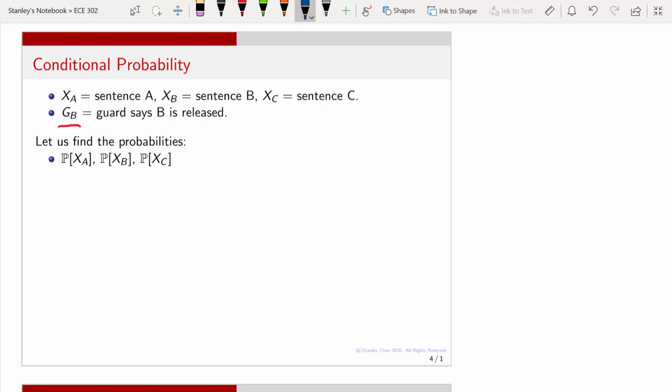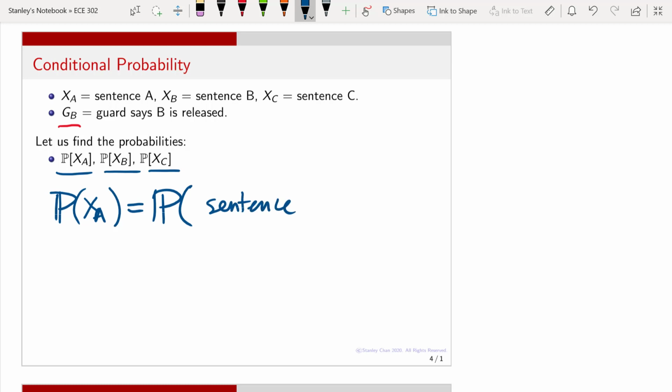What are they? Well, these probabilities we can easily calculate. So the probability of XA is the probability that prisoner A will be sentenced. This is happening without talking to the guard.